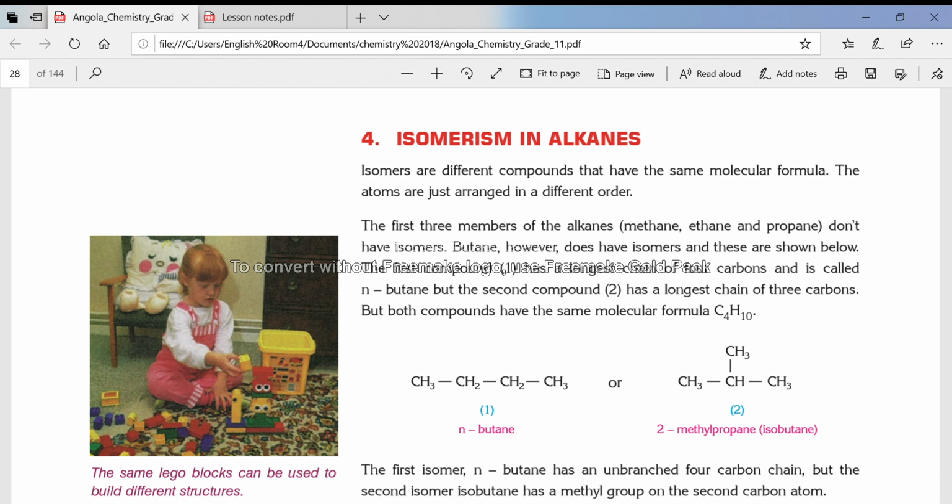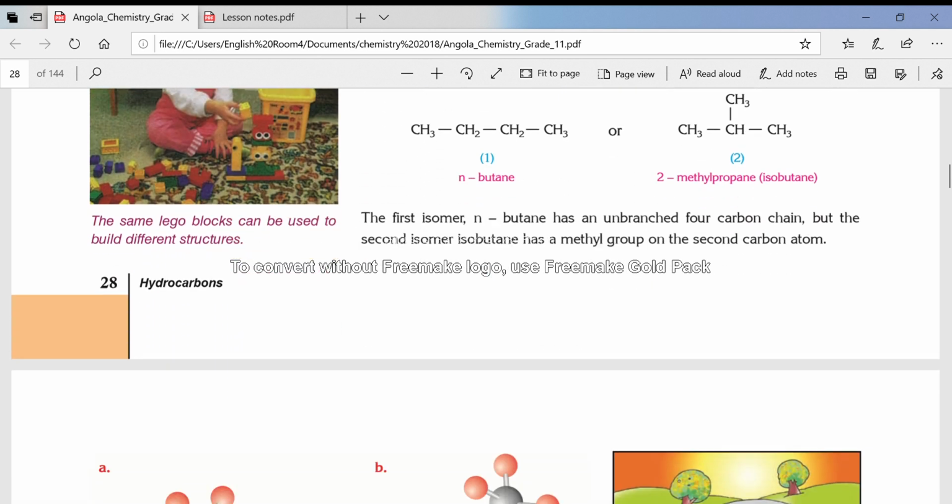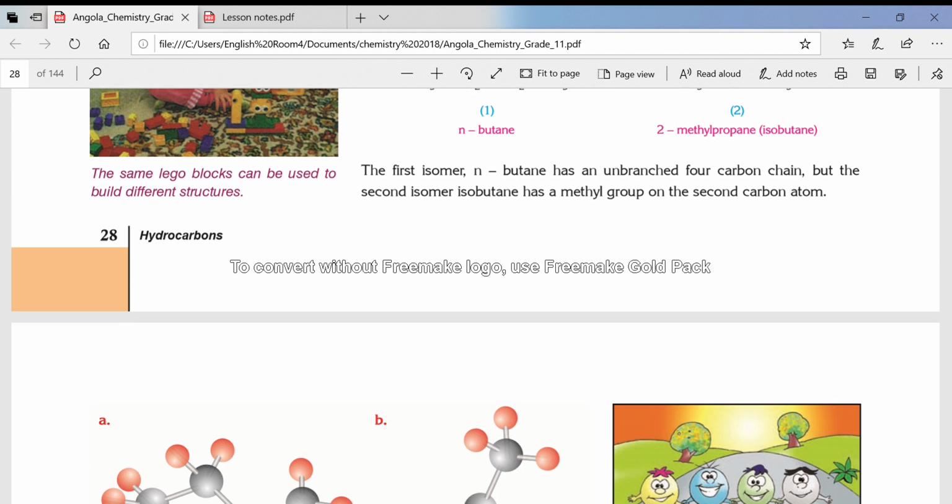The second has a longest chain of 3 carbons, but both compounds have the same molecular formula. The first isomer, n-butane, has an unbranched carbon chain.